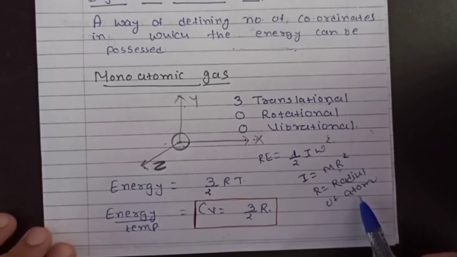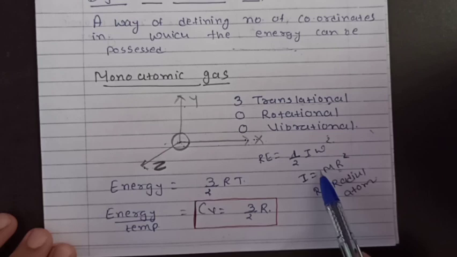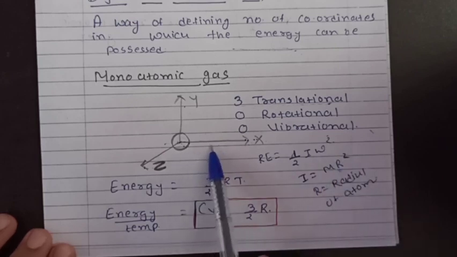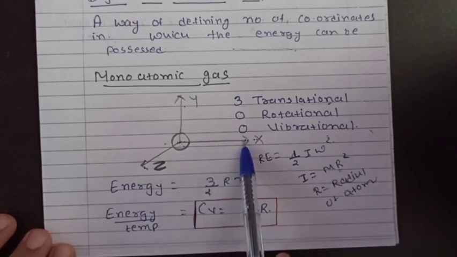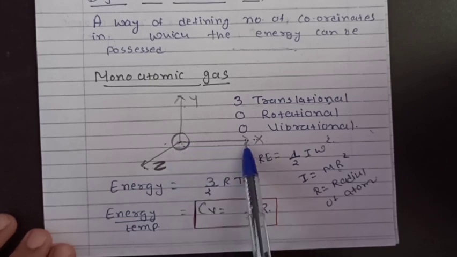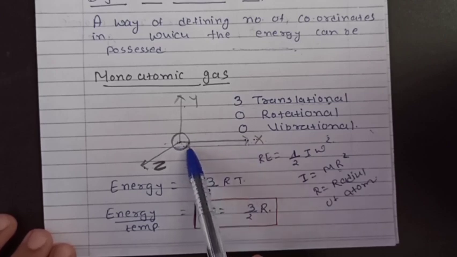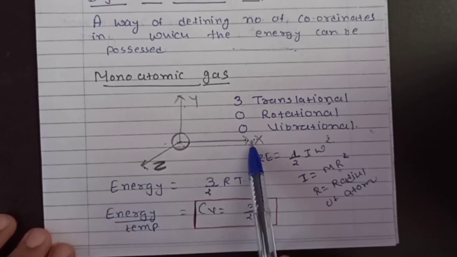It is in the order of 10 power minus 15 or 10 power minus 17 meter. So the rotational energy related to the rotational motion of a single atom along the x-axis is negligible. So we will not consider it. So rotational degree of freedom along the x-axis will be 0.